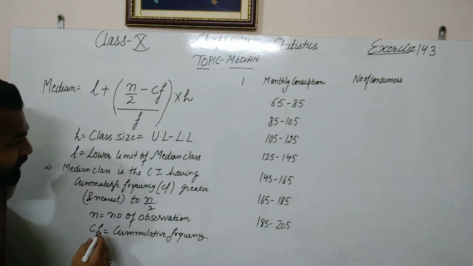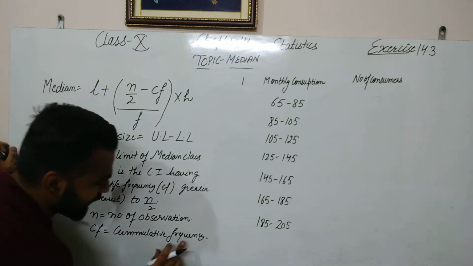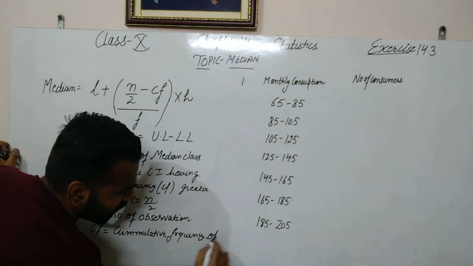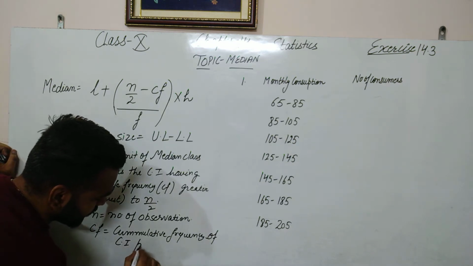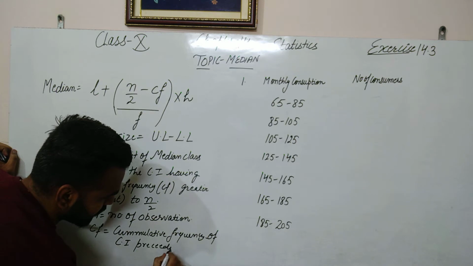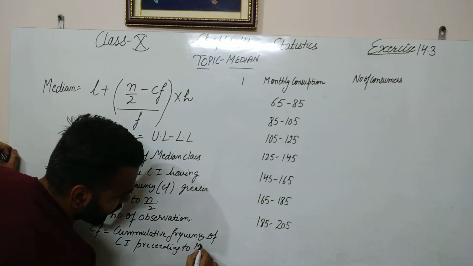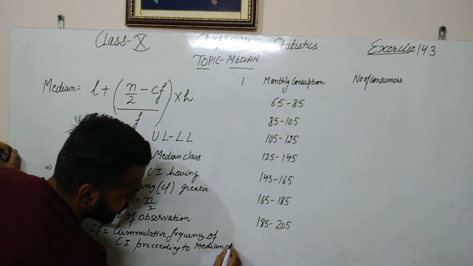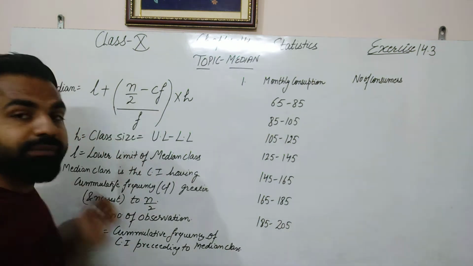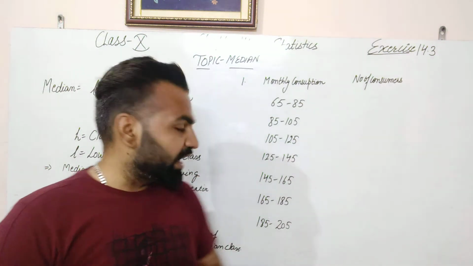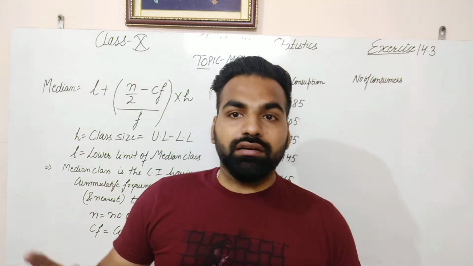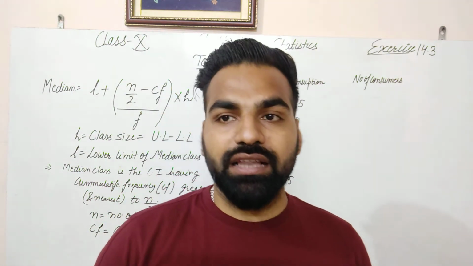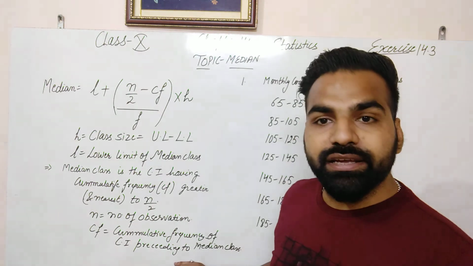And F, CF is cumulative frequency of class interval preceding to median class. So whatever be the median class, the value of CF which have to be taken here is the CF of the previous class interval to the median class.